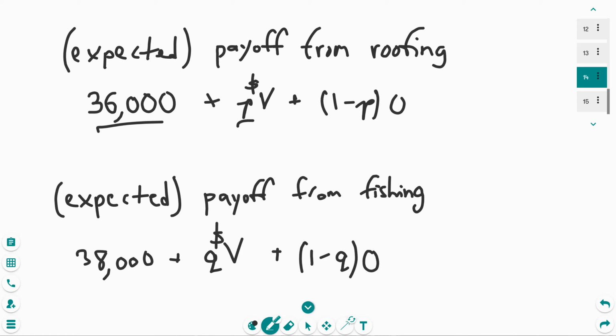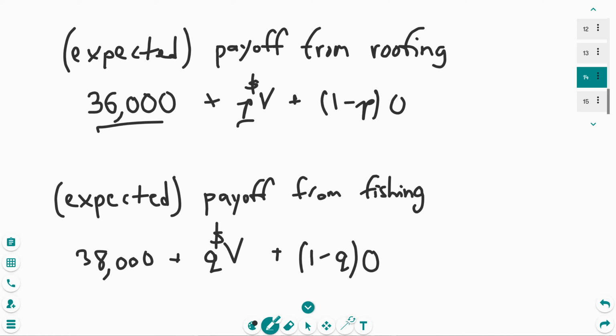Of course, there are very specialized skills, but it's largely a manual labor type job that requires you to just work very long and difficult hours with physical stuff. And so I'm assuming that a roofer, if they wanted to, would not have too much trouble switching into the career path of being a commercial fisherman. And if the salary is $2,000 per year higher, but there's no extra risk of death, you'd expect all the roofers to switch into that profession. That's essentially free money. You get extra salary and you don't actually put yourself in any more danger.